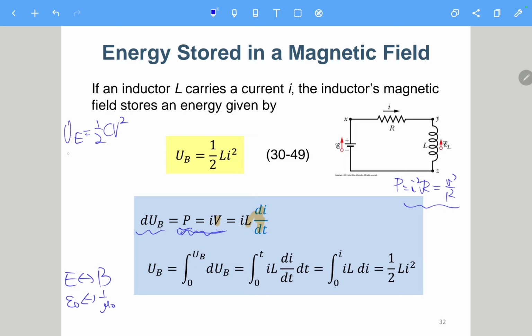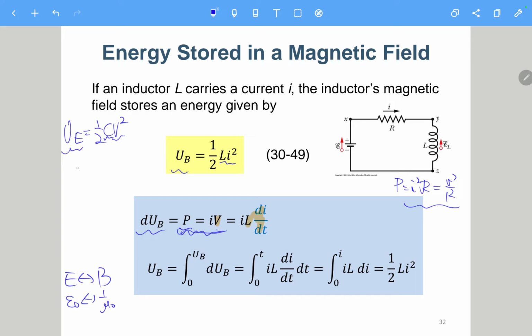Here it is also the same case. This is the energy stored in the E field, this is the energy stored in the B field, and V and I, the voltage and the current, are also duality variables, and also C for the electric field, and then L for the B field.